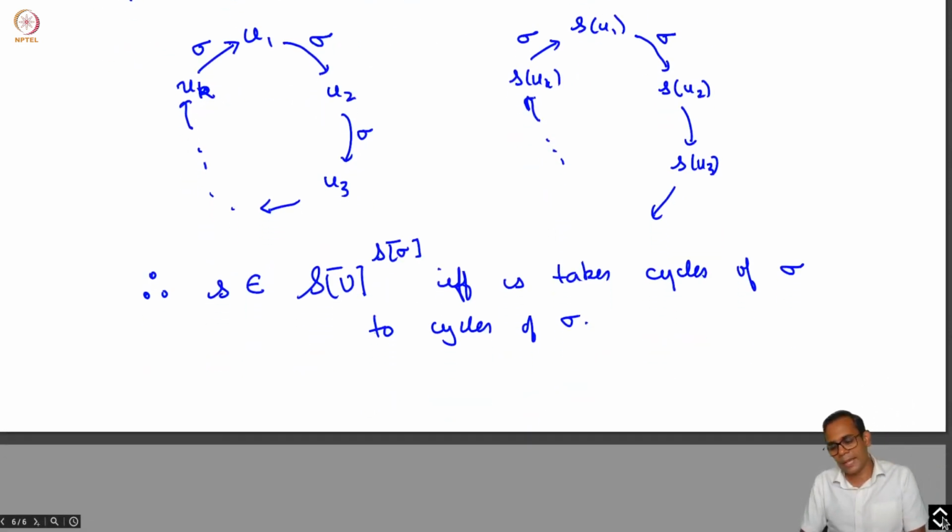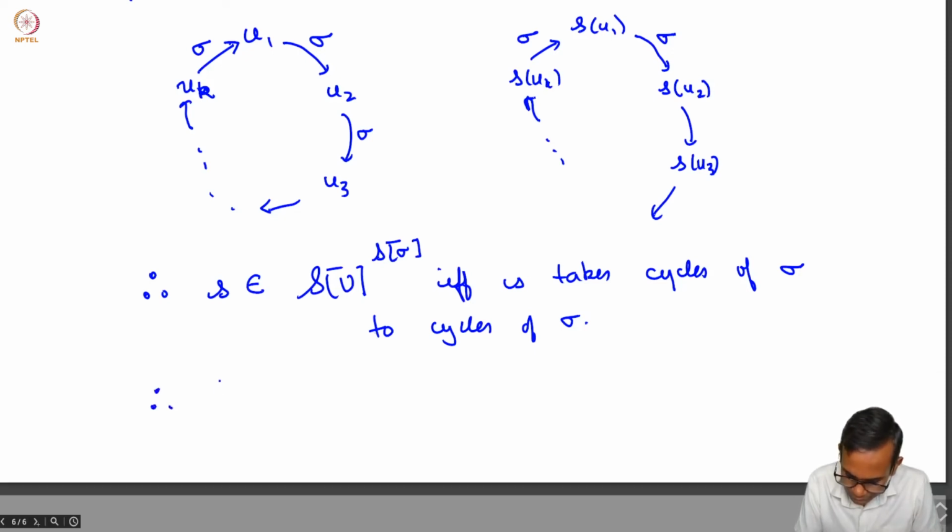So in particular, s could permute cycles of sigma of the same size, and within each cycle it could rotate the cycle by as many turns as the size of the cycle.